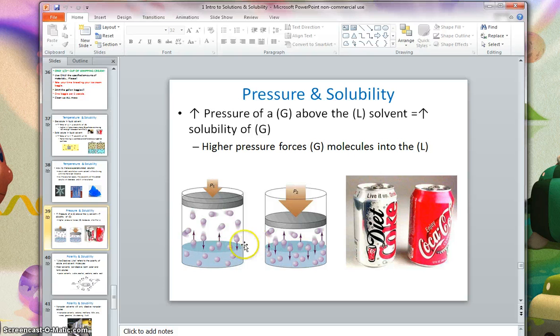Less space means more random motion, or more frequency. Since all particles are randomly hitting everything, if you have more frequency, you have a higher chance of solvation. The gas particles are going to move around and hit the liquid much more frequently. Hence, the solubility increases.